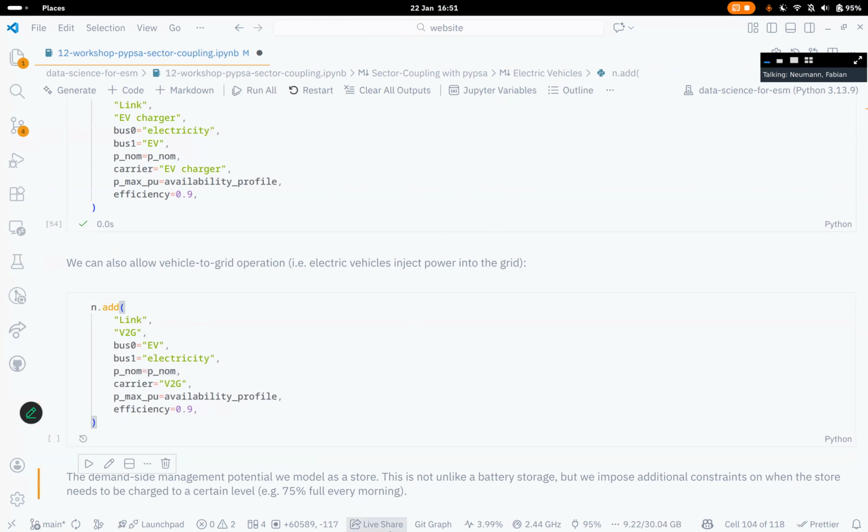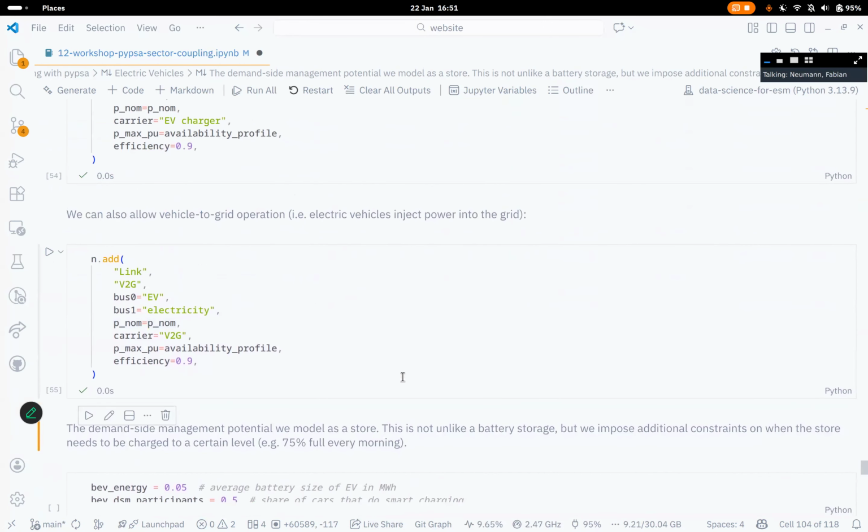And then now the trick is, how do we align the time series of the consumption of the electric vehicles that's just following the mobility pattern with the charging periods? Well, that's the demand side management essentially.